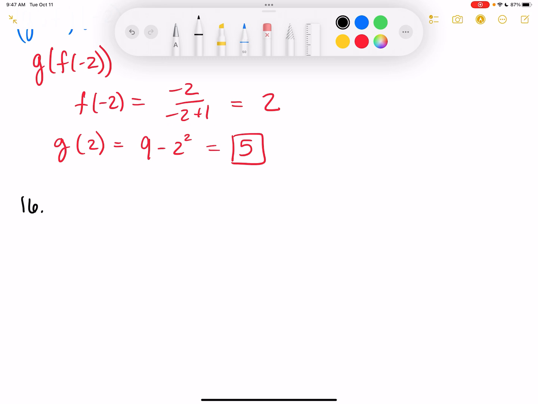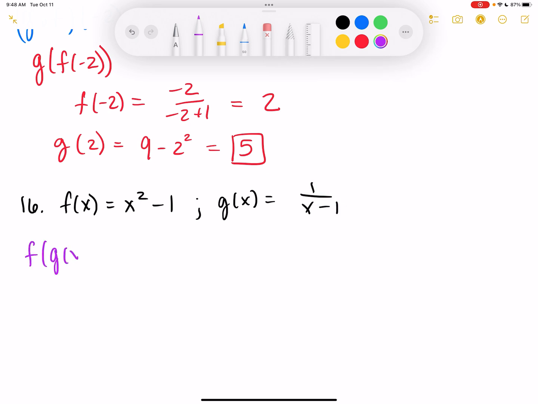All right, so f of x is x squared minus 1. g of x is 1 over x minus 1. And so we're doing f of g of x and g of f of x. So f of g of x.